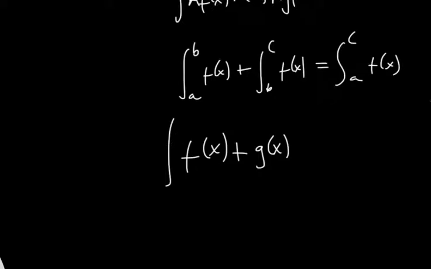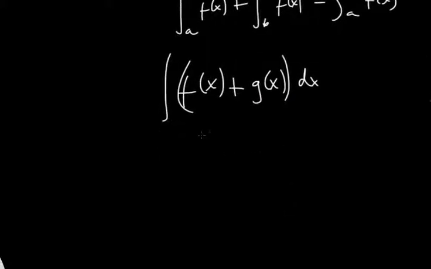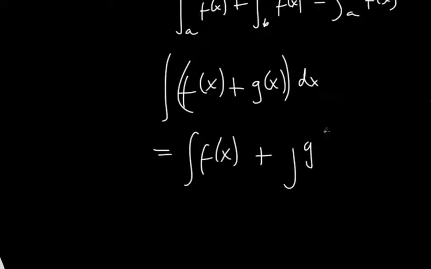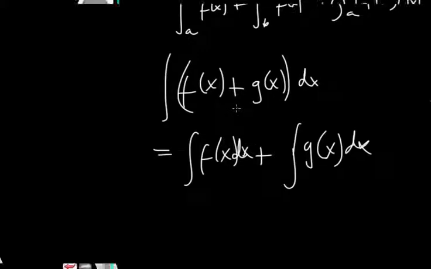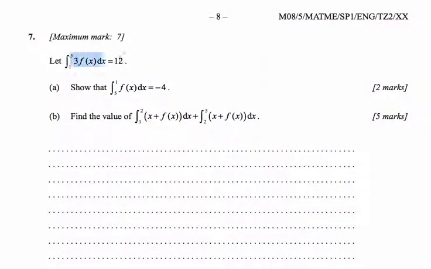If you have the integral of the sum of 2 functions, dx, that's exactly the same thing as splitting it in 2. And again, I'm taking away the dx's for speed. And those are all the relationships that we used. Using all of that and the original information that they gave you, you could solve that question.